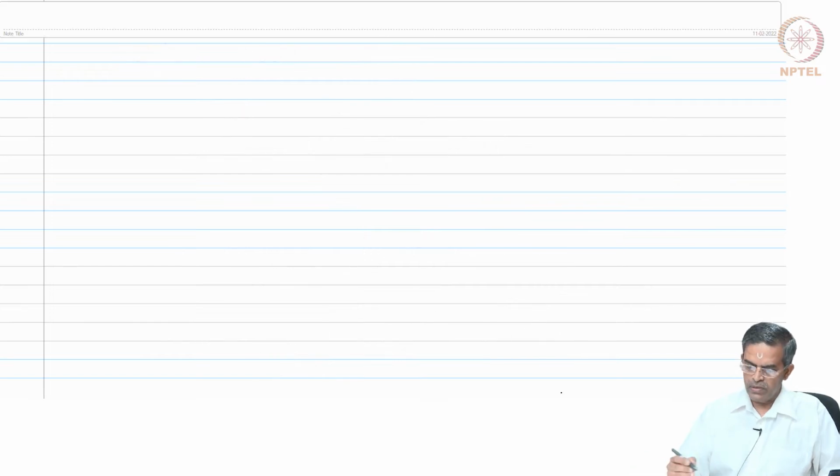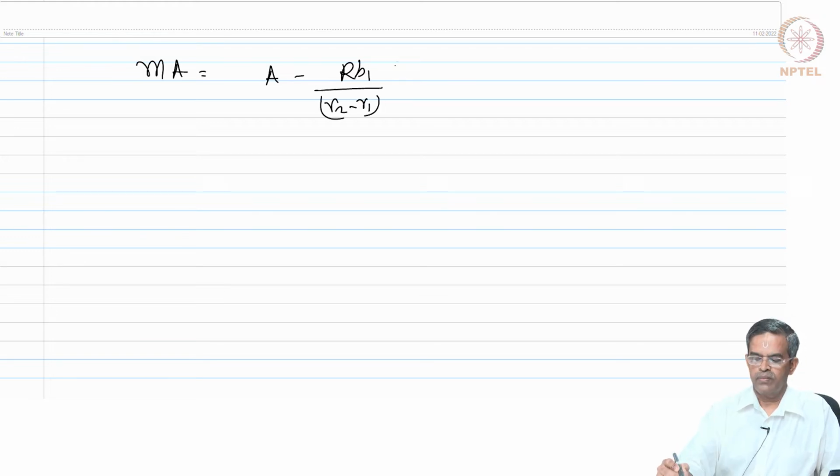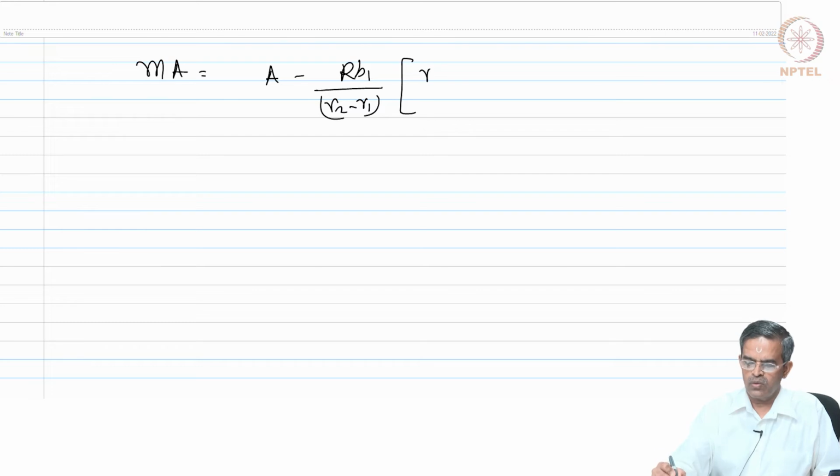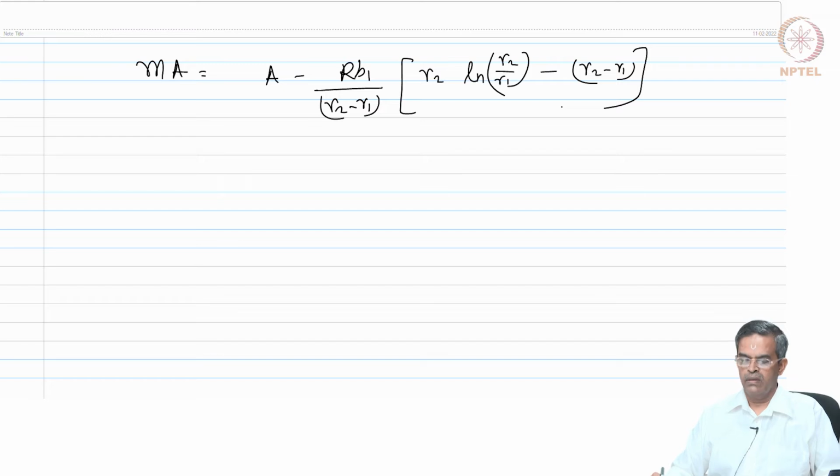Okay, which now becomes (A minus R B1 by R2 minus R1) of R2 times natural logarithm R2 by R1 minus (R2 minus R1). If we evaluate this integral, this is what I will get.